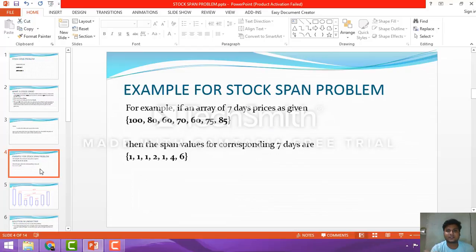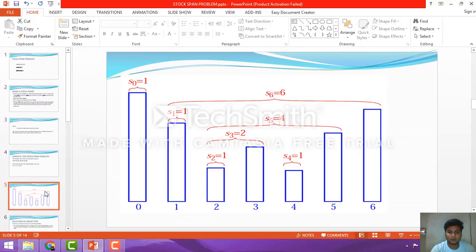The day 3 value is 60 and the day 4 value is 70 here. Here we got S2 equal to 1. The day 3 value is 60 and the day 4 value is 70. So here the previous day is lesser, so we can't make the statement true.